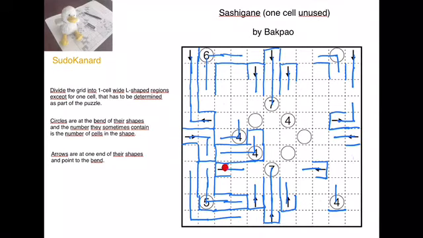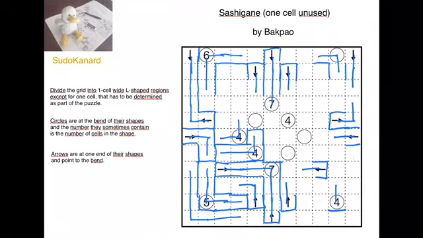And here I think the only way of having things fulfilled is to do this and that. Because if this doesn't turn left immediately, it has to go up and join this, and we have 2 unused cells, sorry. So this 7 is like this.